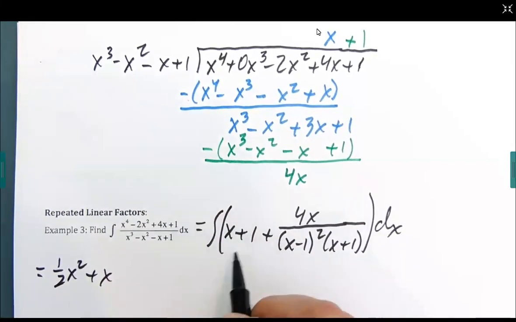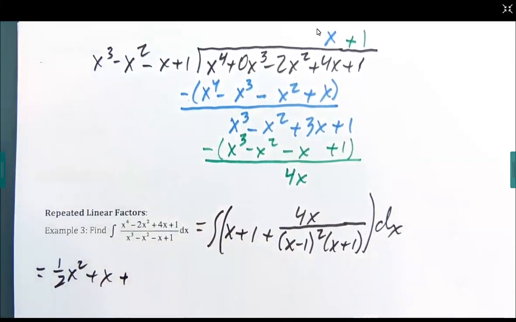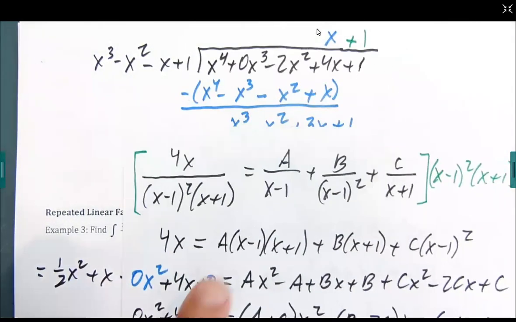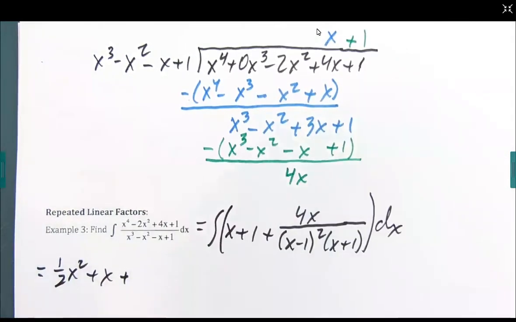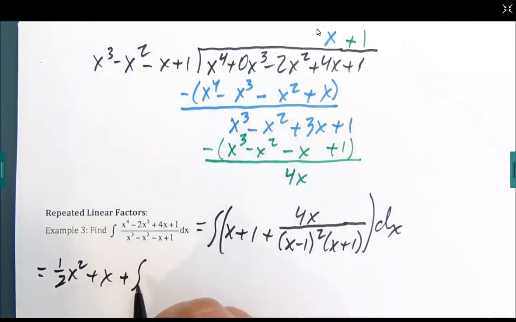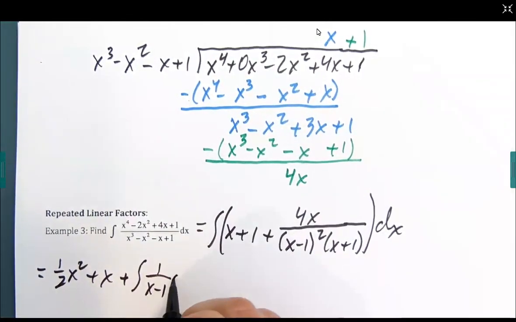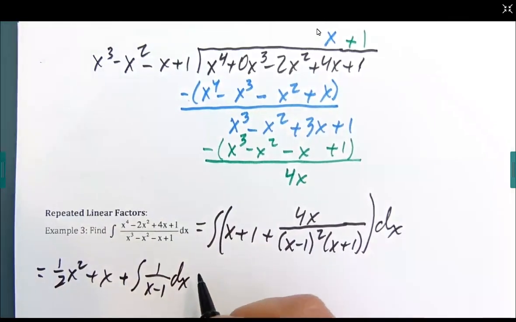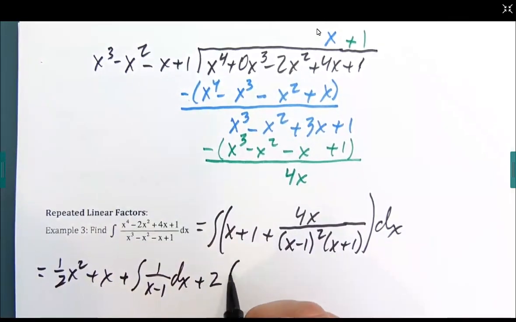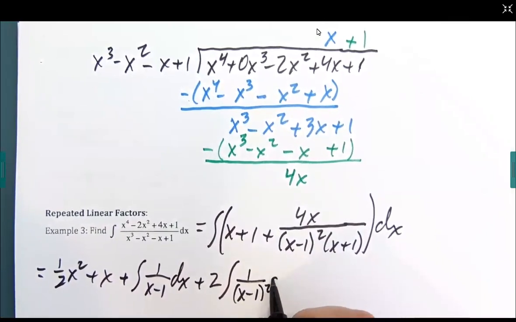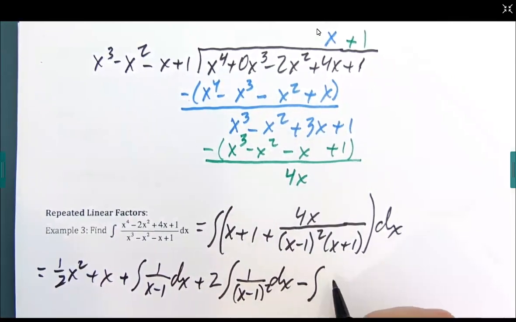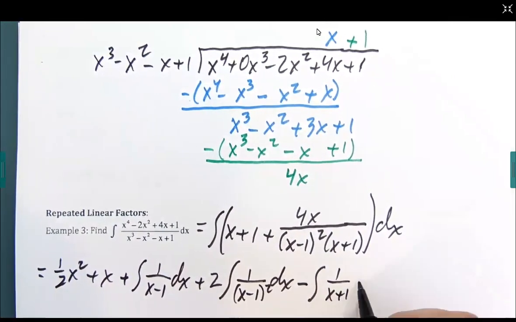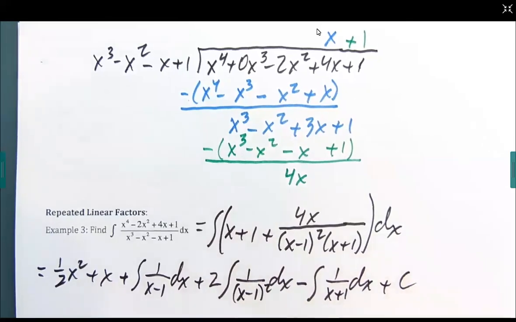So I integrated those two there. Plus A was 1, and to be clear that A was over the x minus 1. So the integral of 1 over x minus 1 dx plus 2 times the integral of 1 over x minus 1 squared dx minus 1 times the integral of 1 over x plus 1 dx. And we already have a plus constant there.